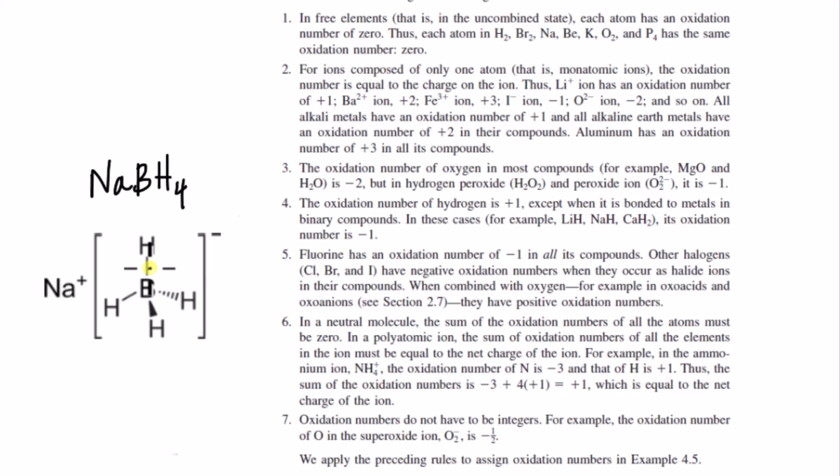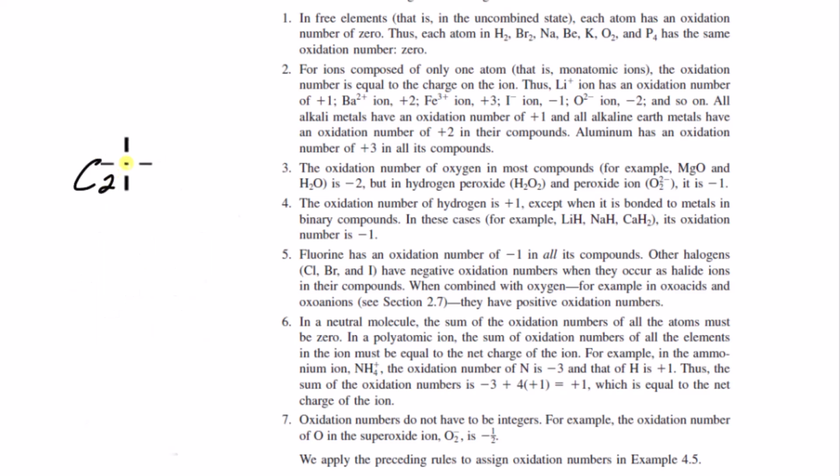But atoms of the same element can have different oxidation numbers in a compound. This can happen if those atoms are bonded to different types of elements. For example, the compound acetic acid, C2H4O2, which we can write as CH3COOH.